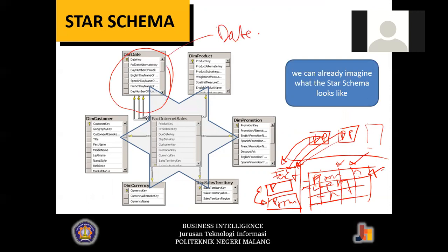If we wanted to change the date into a specific condition, let's say quarter or semester and so on, then we need to modify it.